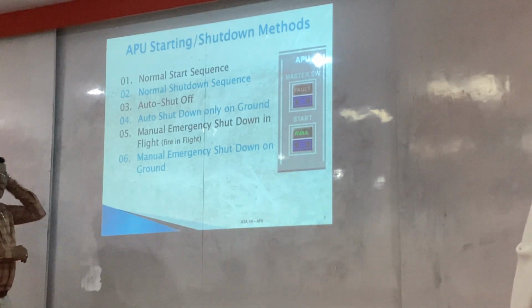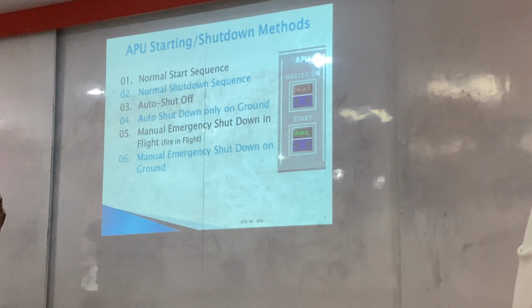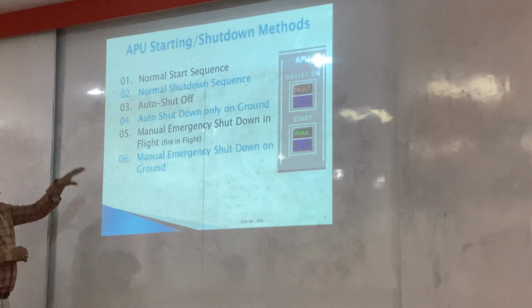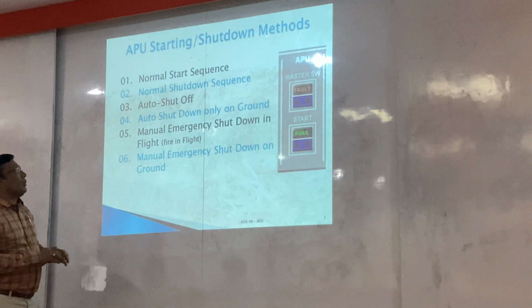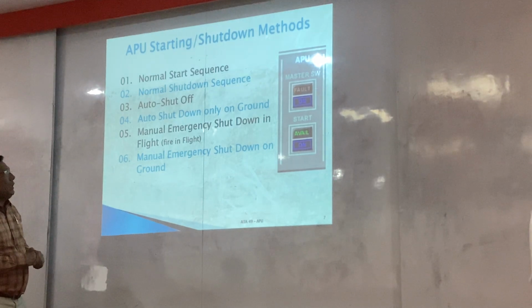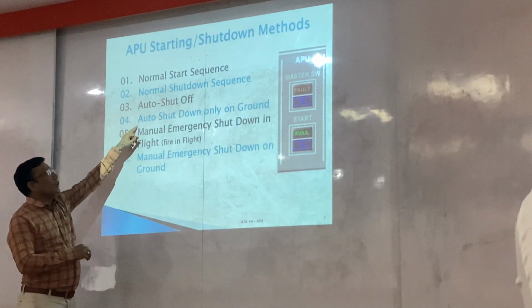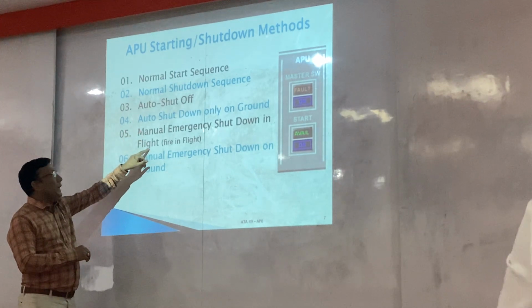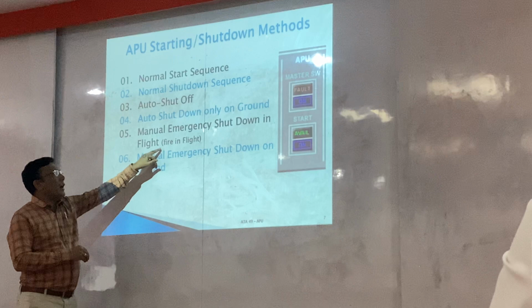Auto shut-off: there are almost 20 to 25 conditions when the auto shut-off of the APU will be done by the ECB. That we will see, what are the conditions when the auto shut-off will be done. Auto shutdown only on ground. So auto shutdown is possible only on ground. Manual emergency shutdown in flight. Fire in flight.